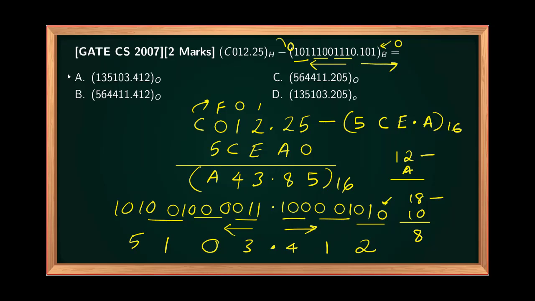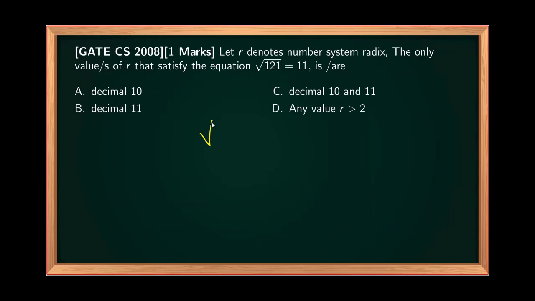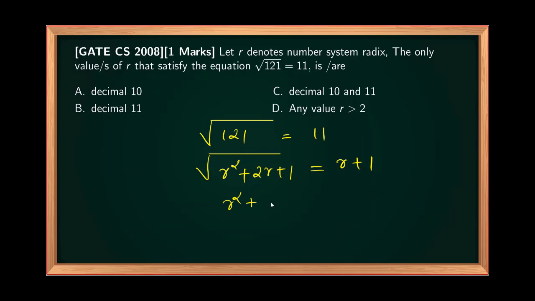So option A. Given square root of 121 base r equals 11 base r. Converting into the decimal, square root of r square plus 2r plus 1 decimal equals r plus 1 decimal. Squaring both sides, r square plus 2r plus 1 equals r square plus 2r plus 1.